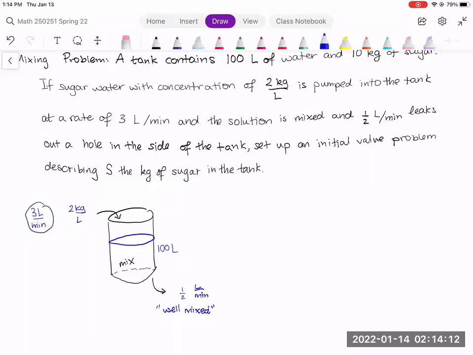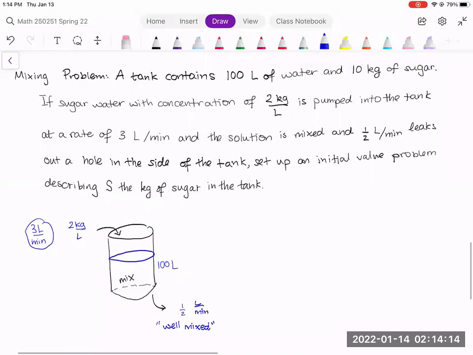So we were given the variable that we're supposed to use. S is going to be the amount of sugar that's in the tank. So S is going to be kilograms of sugar in the tank. Our other variable is time.